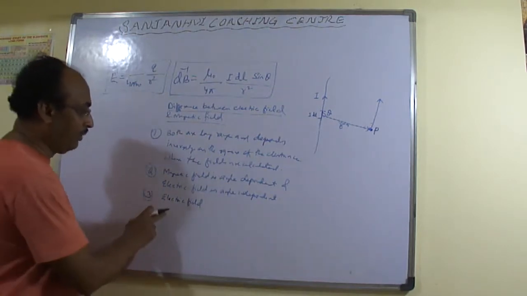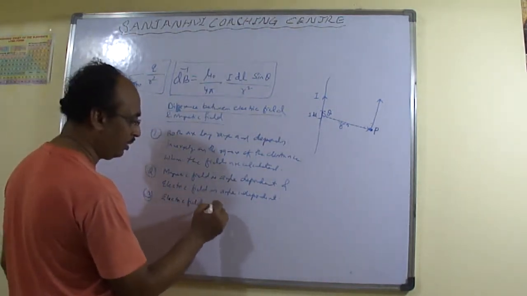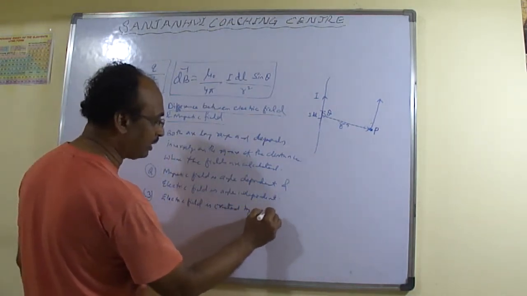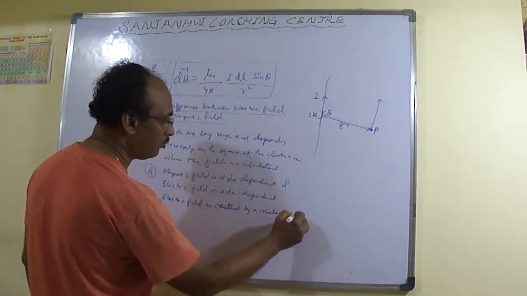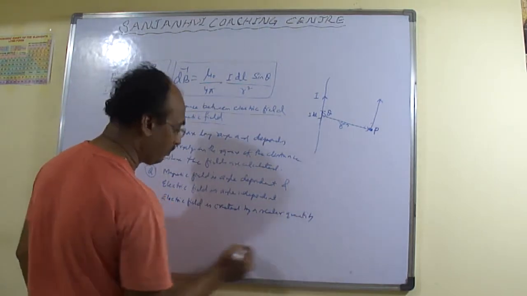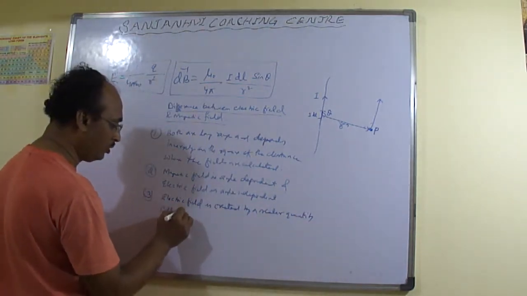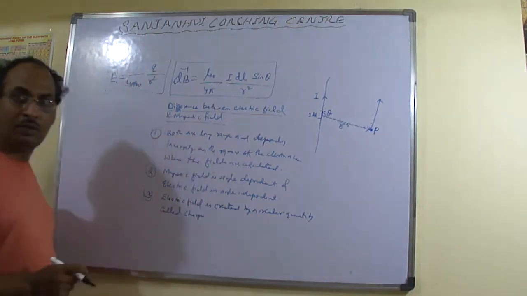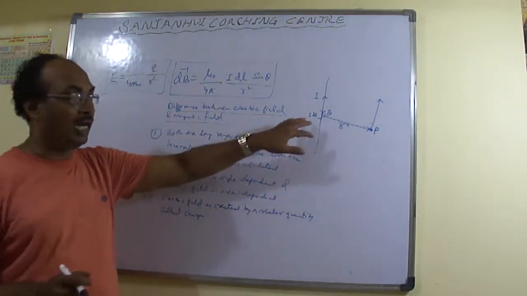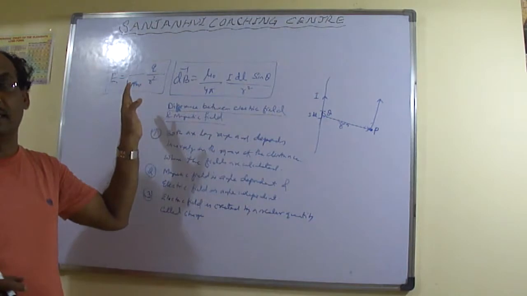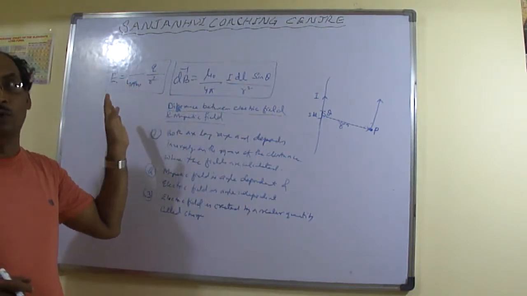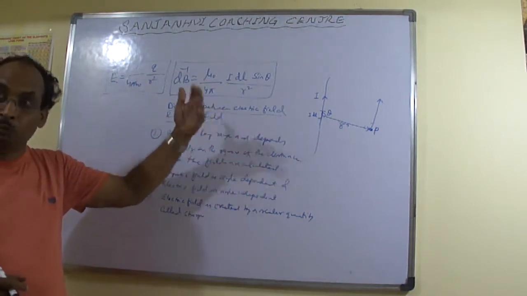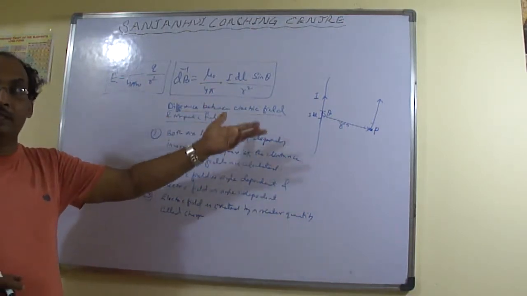So electric field is created by a scalar quantity called charge. Here also charge is there, there also charge is there. But their charge is static, here the charge is moving.